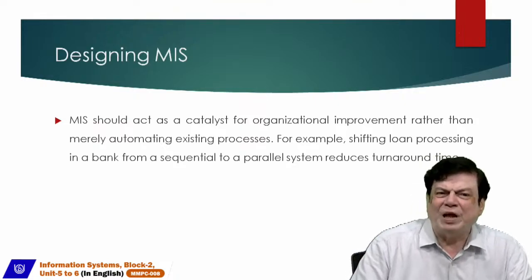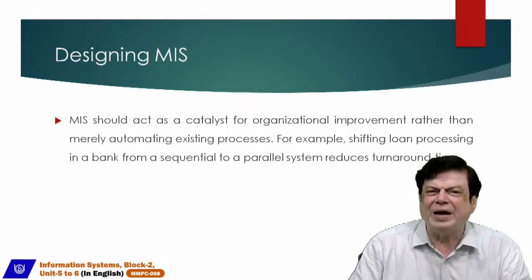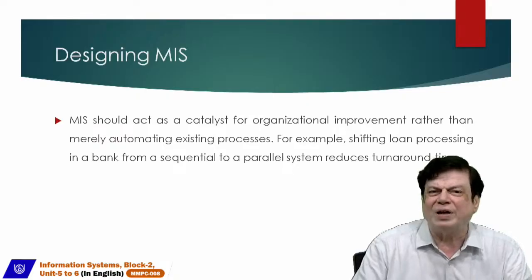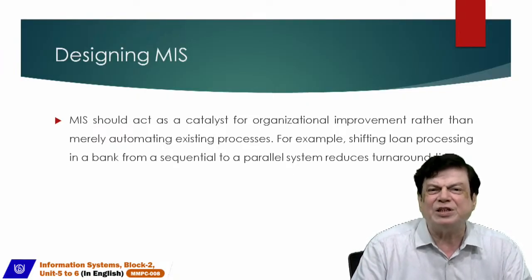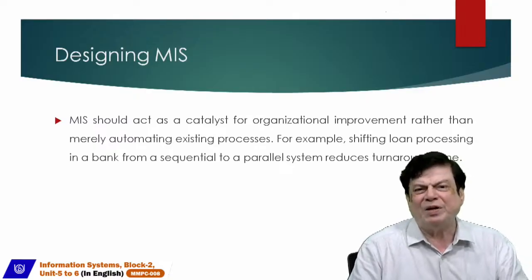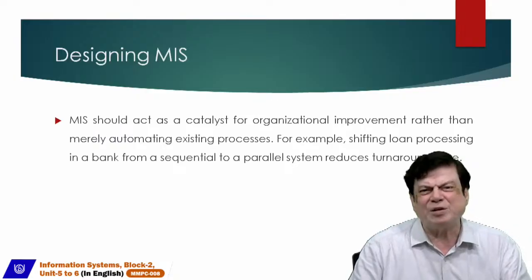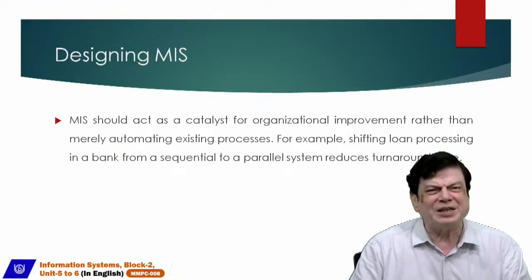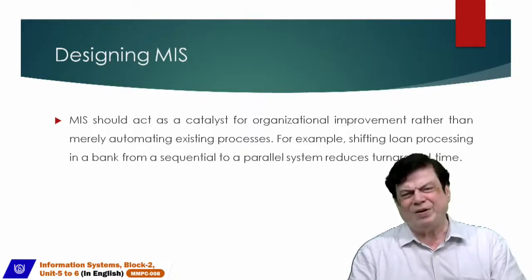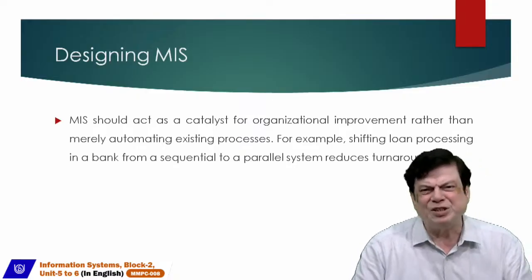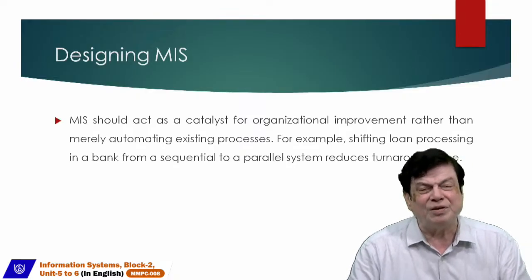So, management information system should act as a catalyst for organizational improvement rather than merely automating existing processes. For example, shifting loan processing. Suppose the bank is asking customers to fill the application online. The moment it is received, it goes to the processing officer.